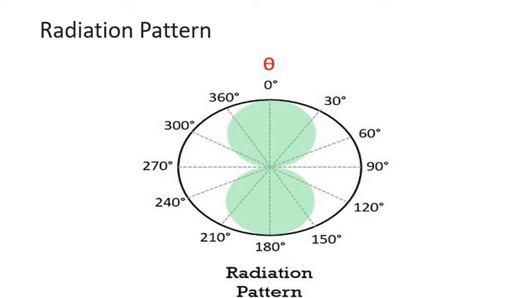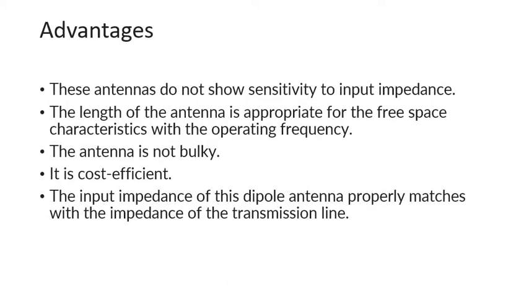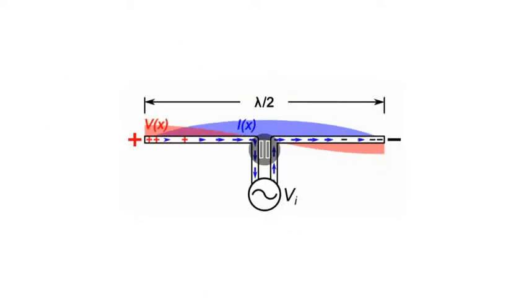The advantages of this antenna are that it is not bulky, it is cost efficient, and it also matches well with the input impedance of the transmission lines.